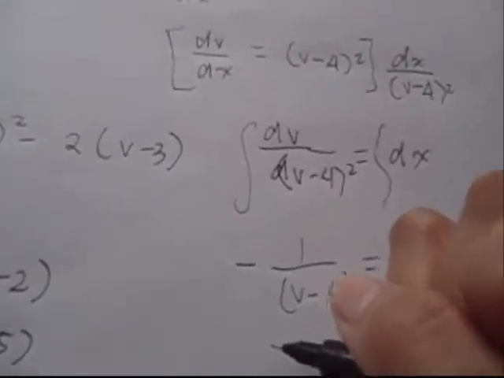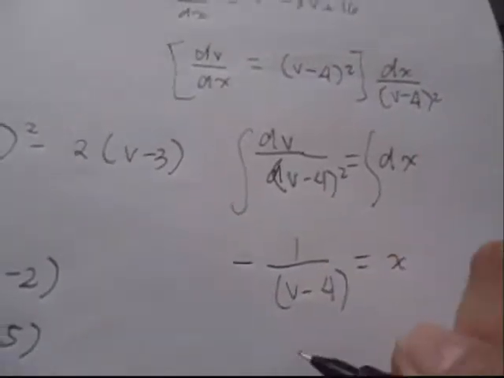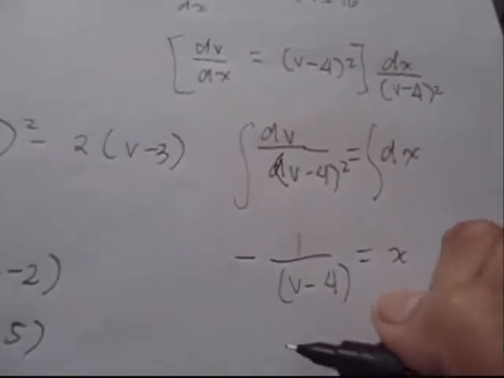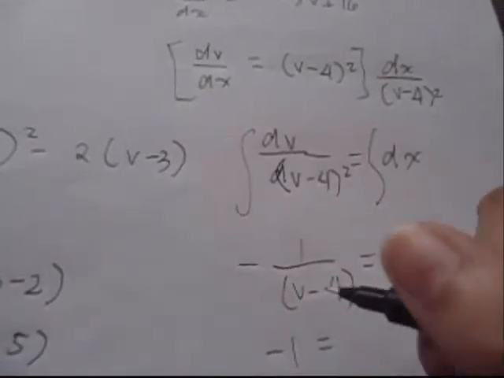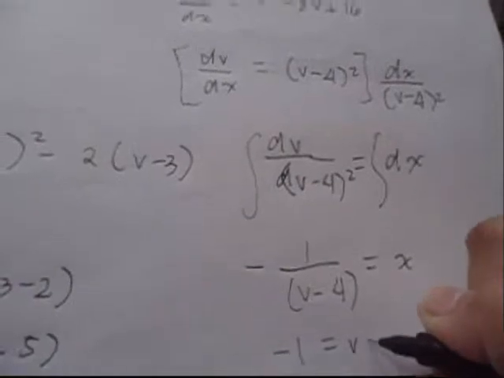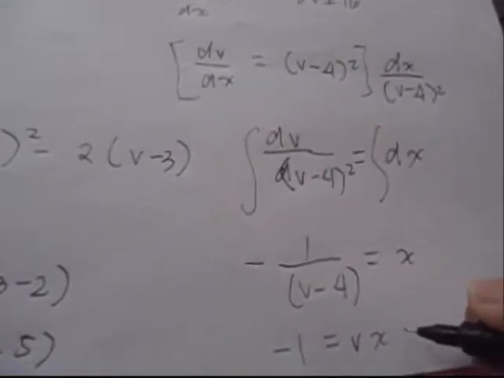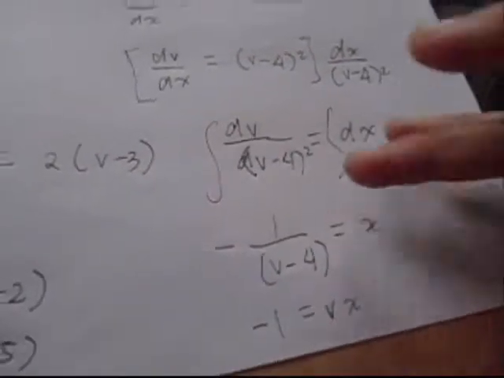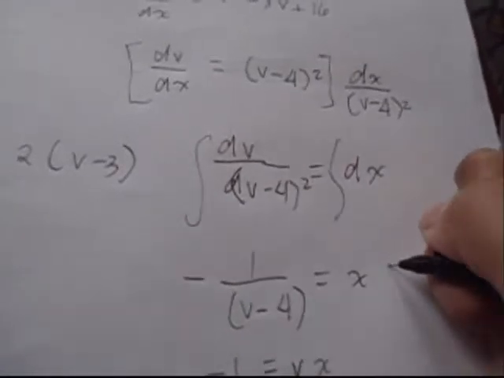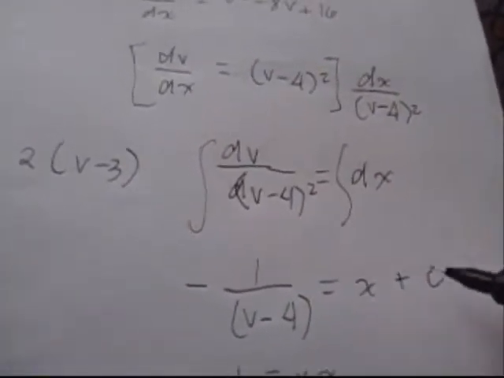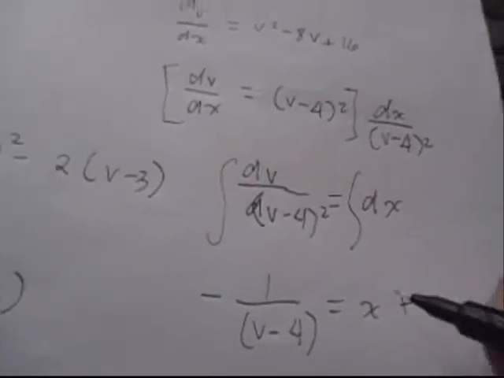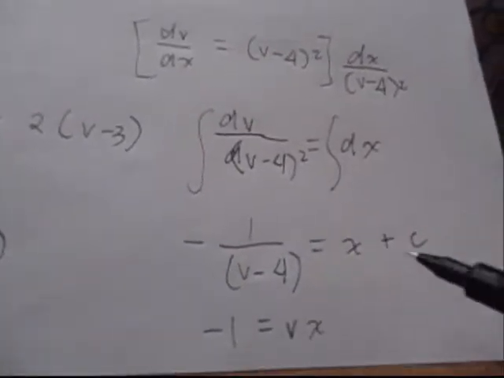Then getting v from this, we get negative 1 is equal to vx. Oh, there is c here. I forgot, there is still a c here, because when integrating we should have a constant, so c is an arbitrary constant. So let's proceed.